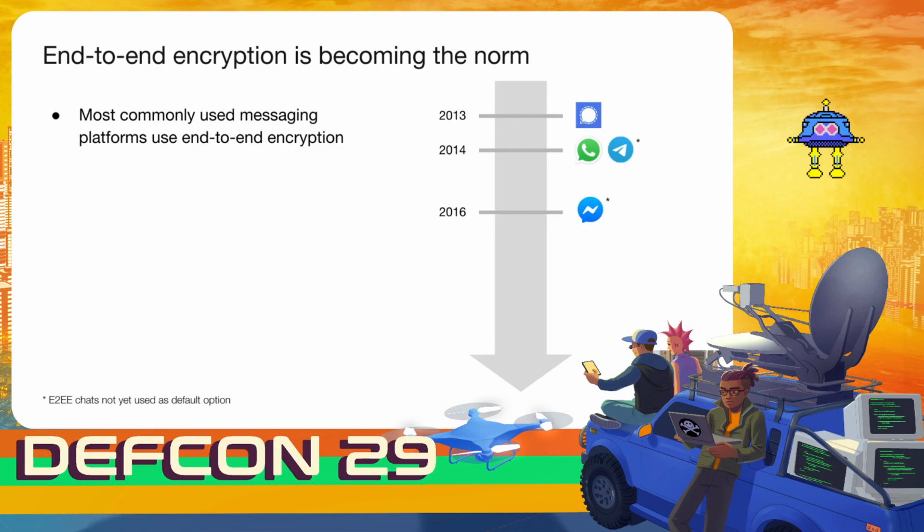In 2016, it was adopted by Messenger for secret chats, and now there are more than 2 billion users who use end-to-end encrypted messaging platforms on a day-to-day basis to communicate with each other. And by 2022, incredibly popular messaging platforms like Instagram and Messenger might adopt end-to-end encryption by default.